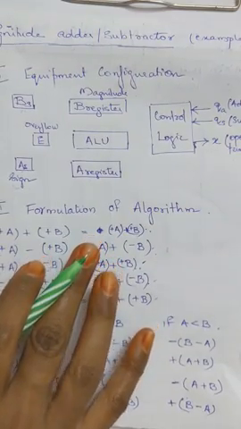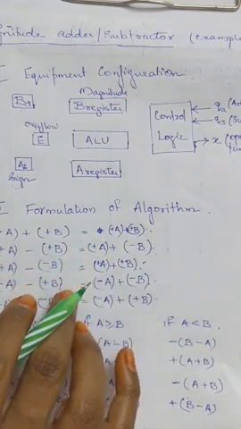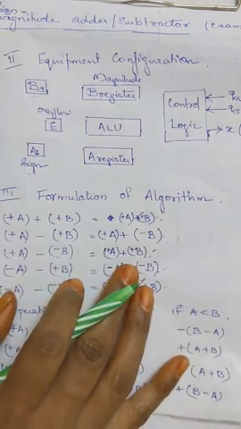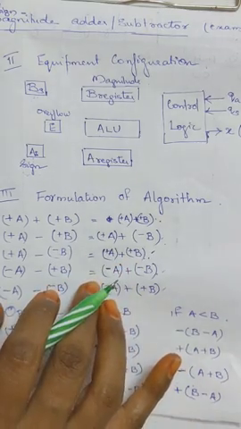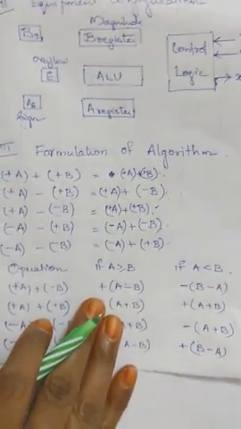The next step is to formulate the algorithm. This includes addition and subtraction principles based on the two operand values.